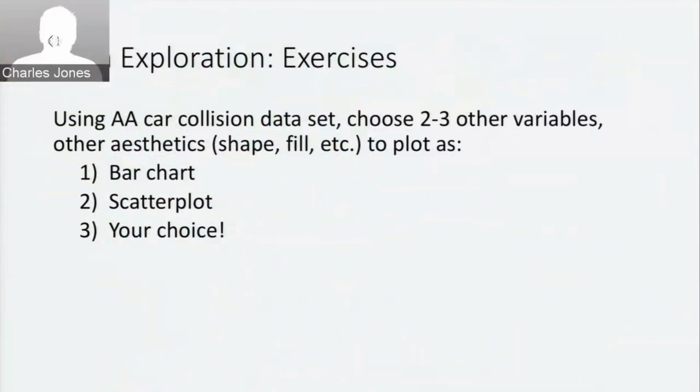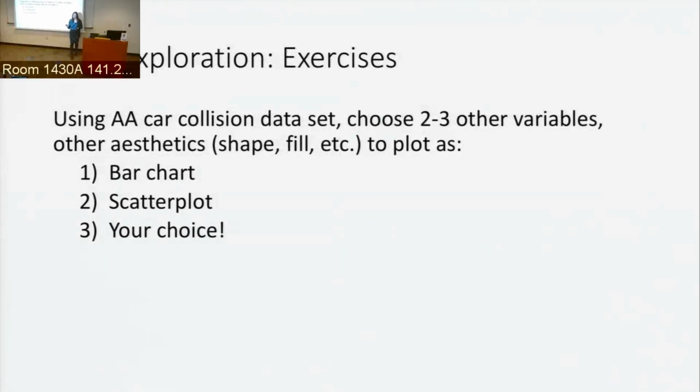If you guys want to play around and do some more data exploration, you can try to come up with maybe your own plots with other variables that we didn't go over from the data set. So you can look at things like whether the driver was old or young, and you can do it in a couple different ways. We are a little bit limited with this data set. Like I said, we don't have a ton of continuous variables other than time.